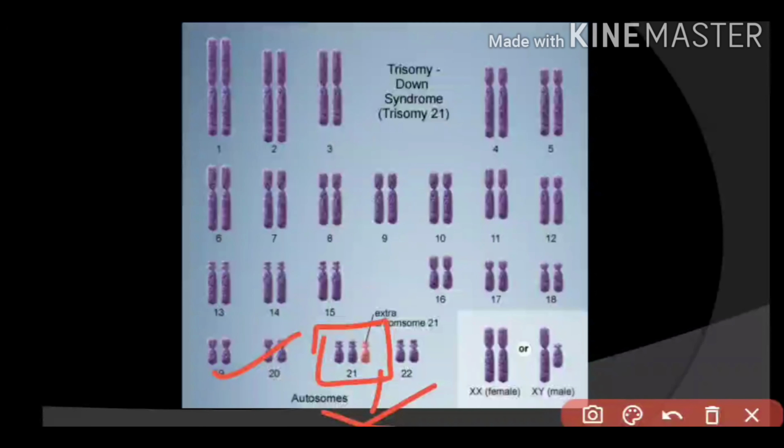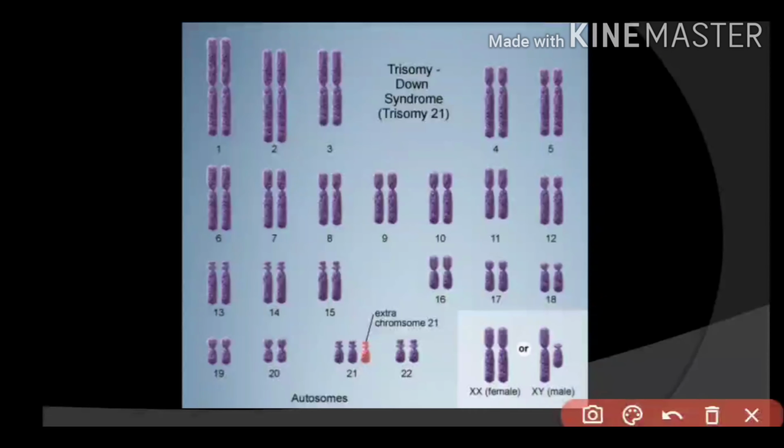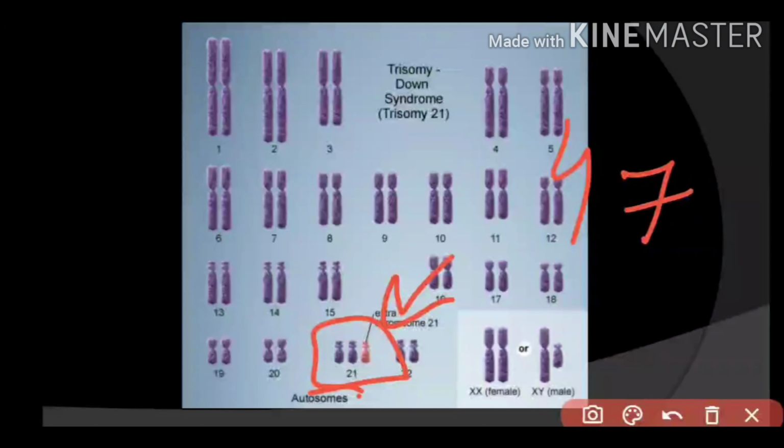So this is about Down syndrome, which is due to addition of a chromosome at the 21st position. It is also a trisomy, so here also there are 47 chromosomes.